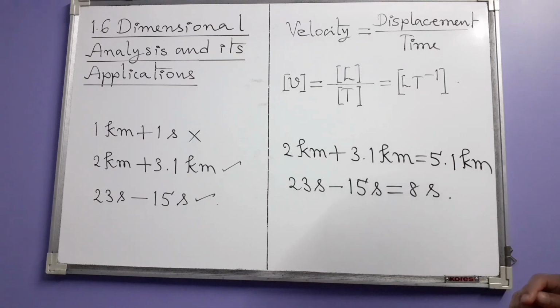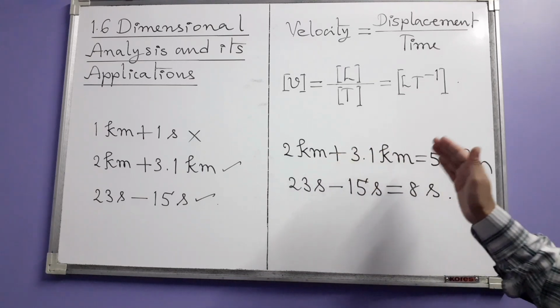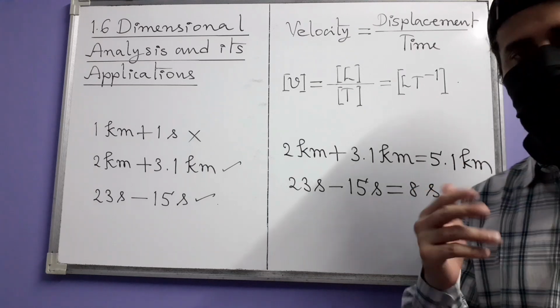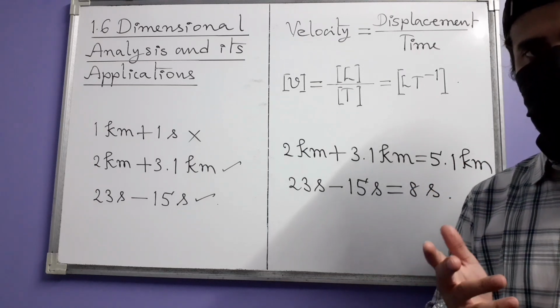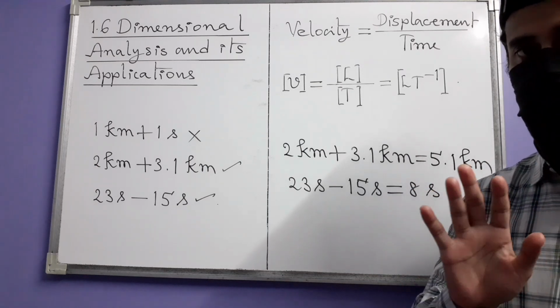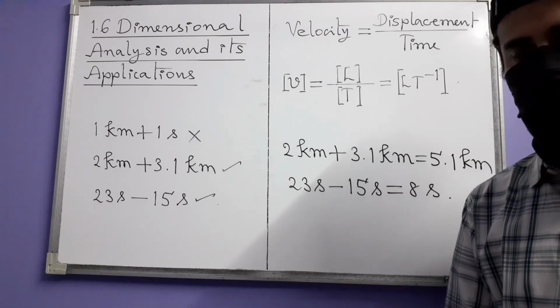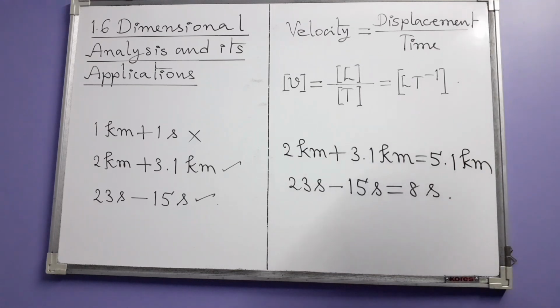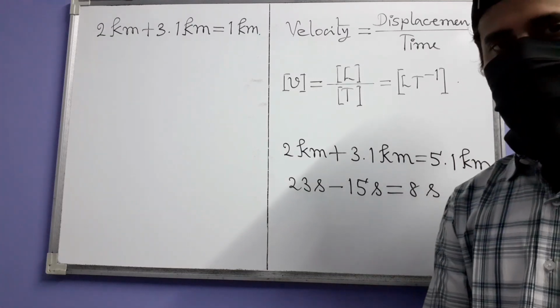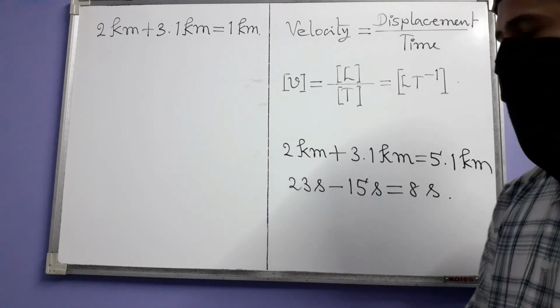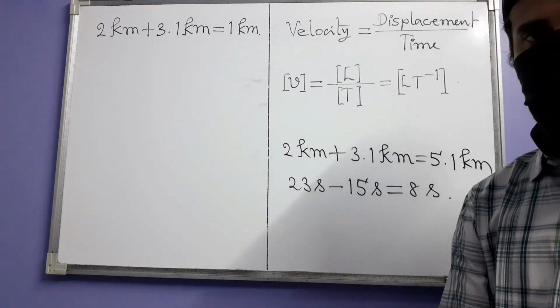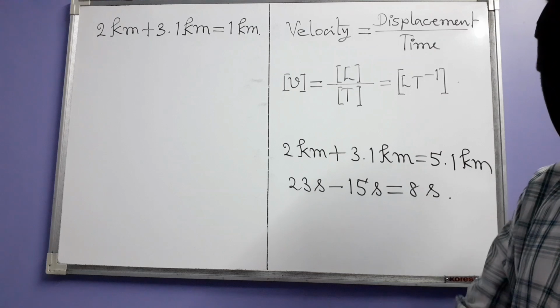Note one more thing, that simply having the same dimension on both sides of an equation does not guarantee that it is actually physically correct. Let me give you one example. Say someone is not in the right state of mind and did this calculation.